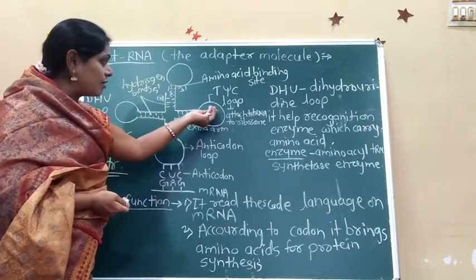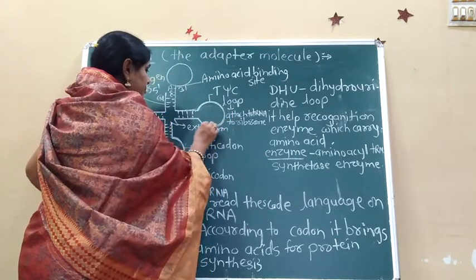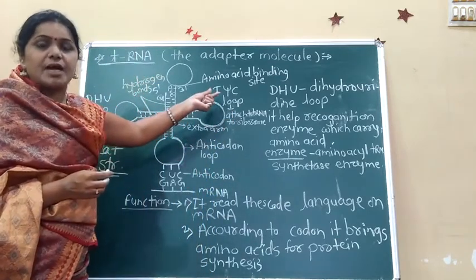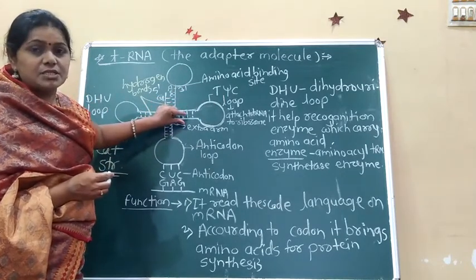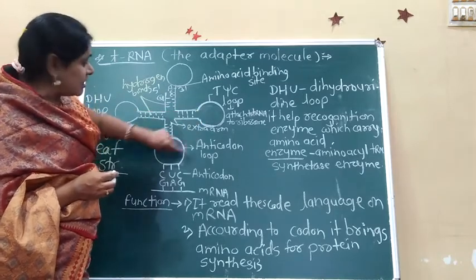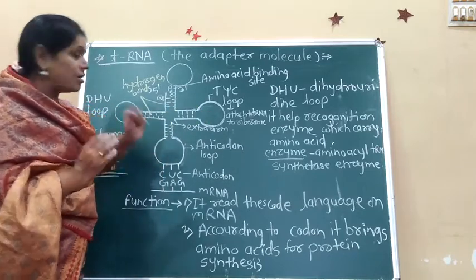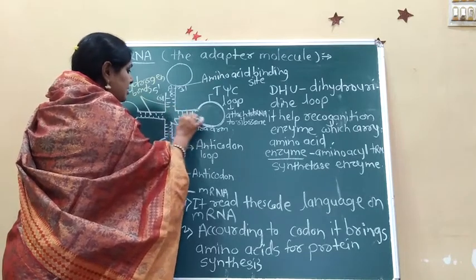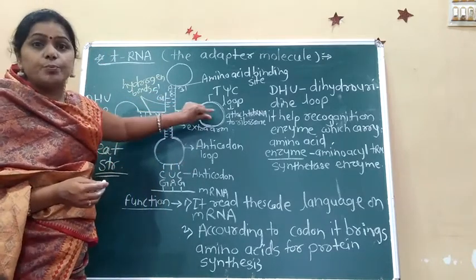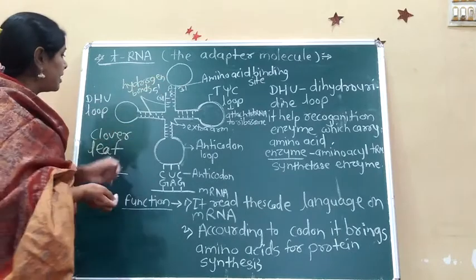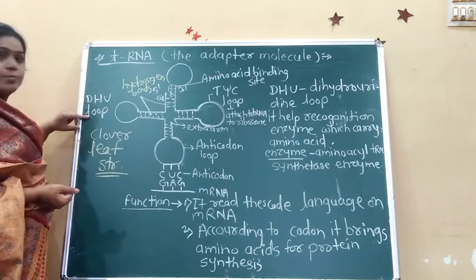Because of the abnormal sequence of nitrogen bases, hydrogen bonds do not form here, and that structure is called a loop. Each loop has one specific name. This loop is the DHU loop.